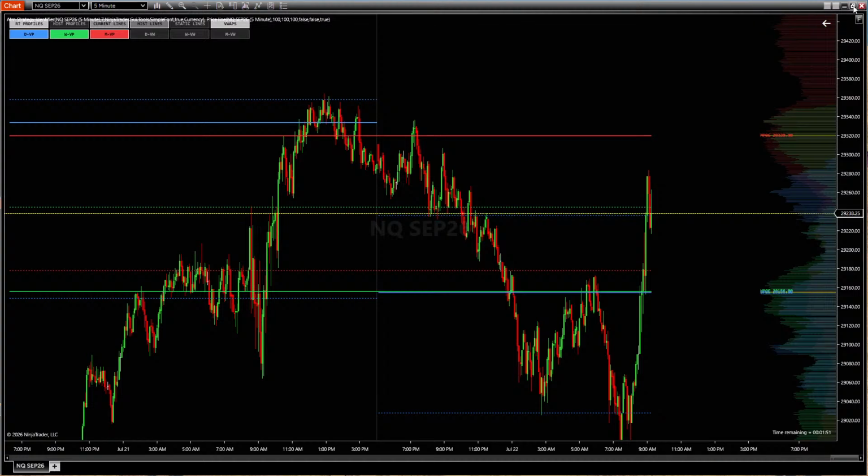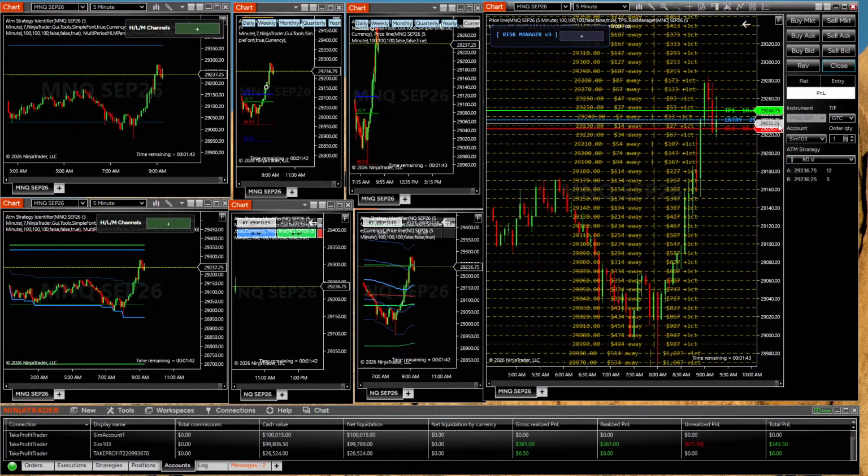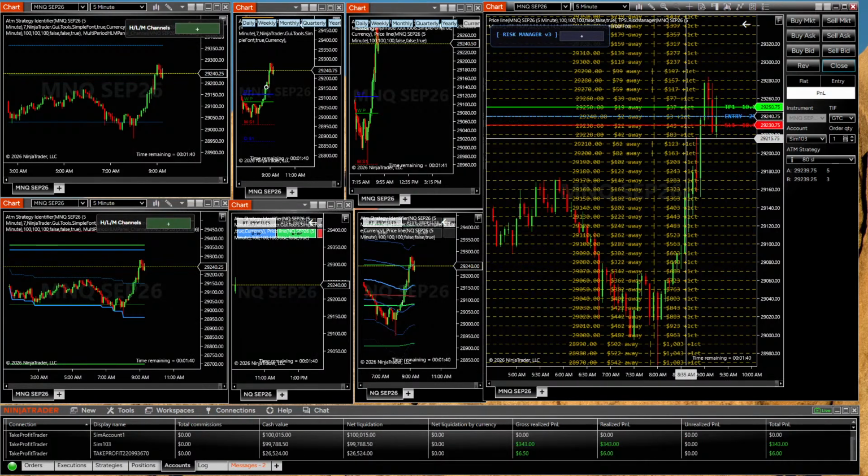Looks like it's trying to give it all back here. Yeah, with the ES turning back, I'm gonna go ahead and get out of there. ES is really turning here. But now the strength is kind of trying to play catch up, looks like.